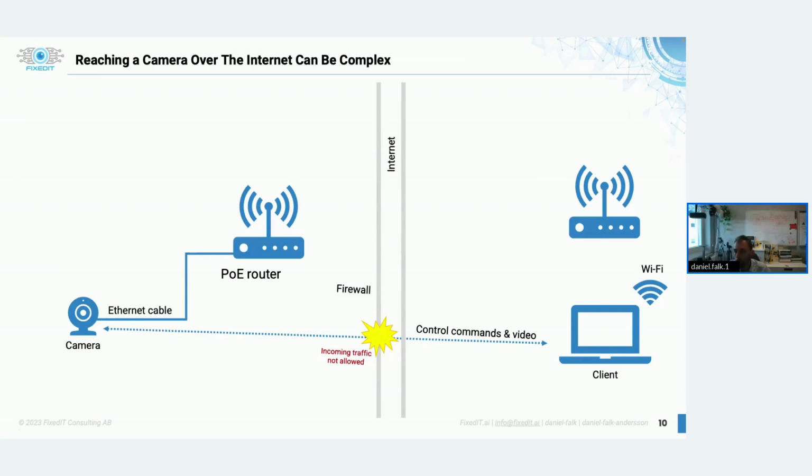If our computer, either my client or a server running in Amazon Web Services or anywhere else, makes a request to access a camera that is not in the same network, then we will go over the internet and we will have the first issue with a firewall at this customer site, which does not allow incoming traffic.